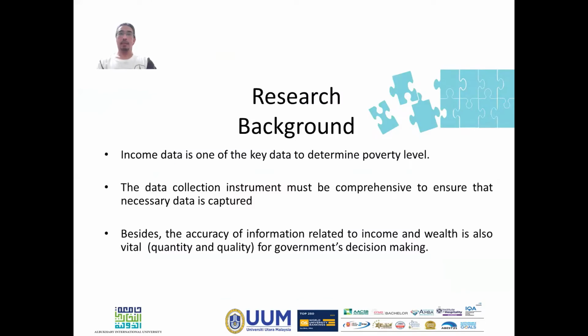Even though income data is one of the key indicators to determine poverty level, other indicators such as household expenses, wealth, asset ownership, health and nutrition are crucial to determine and understand poverty, including absolute and relative poverty.